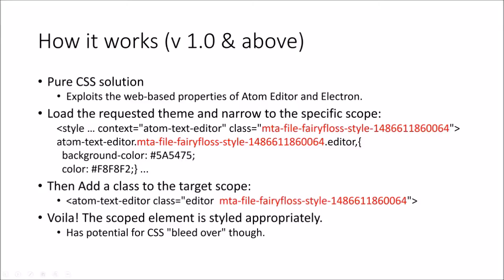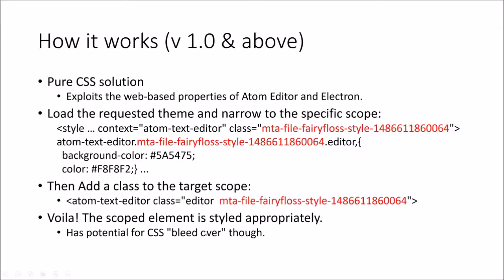Normally, when you load in the Fairy Floss CSS, it wouldn't have this class. It would just say atom-text-editor, so that would apply to all Atom text editors. So I qualify it dynamically as I load it in, by the class name that I just assigned to whatever scope we're applying to. And sure enough, it's that simple. It just matches, so the style is only applied to that one scope.